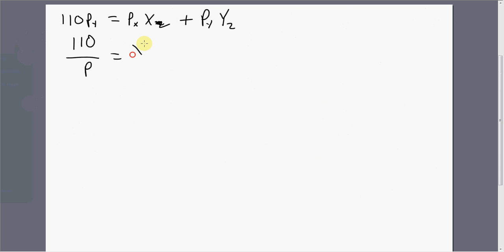So the original budget constraint for consumer 2 was something like this. Let me rewrite it to remind you. That's a 2, sorry. And then we simplified it down to something like this.